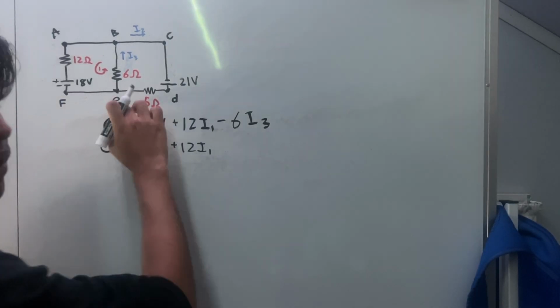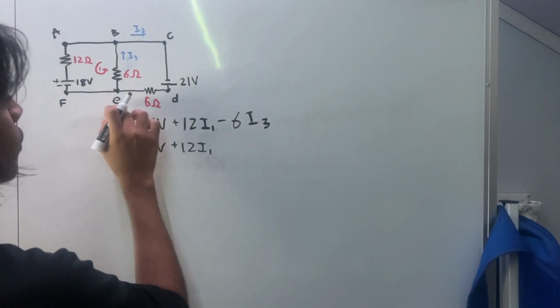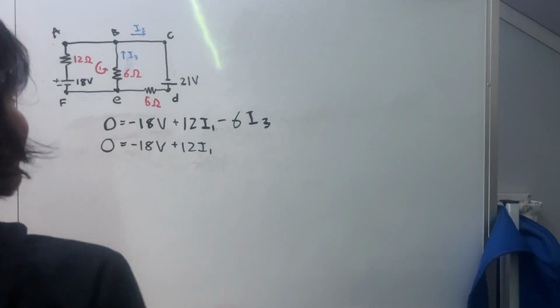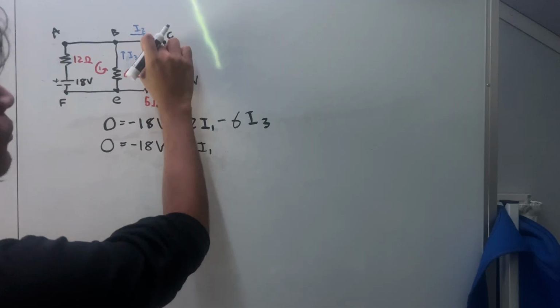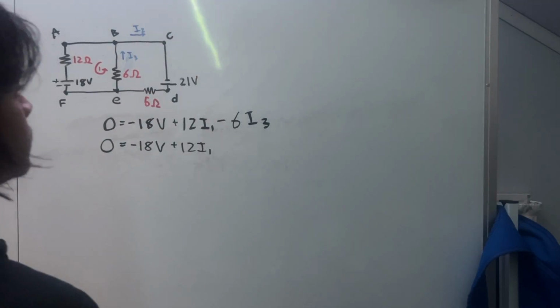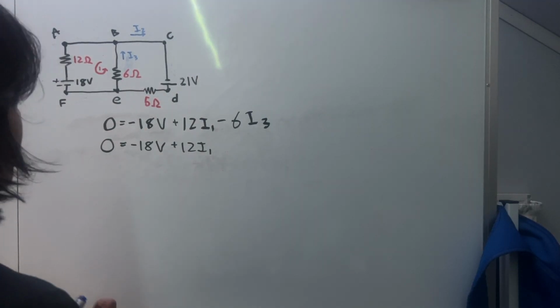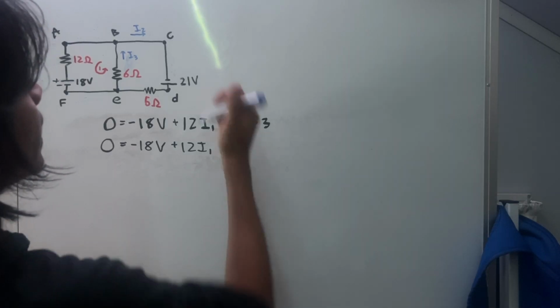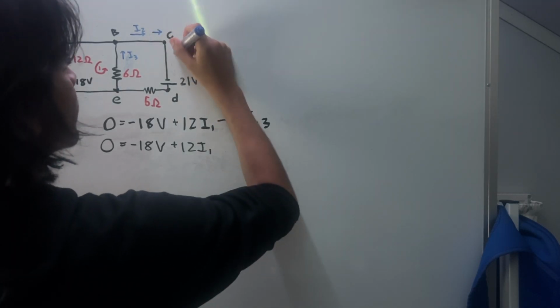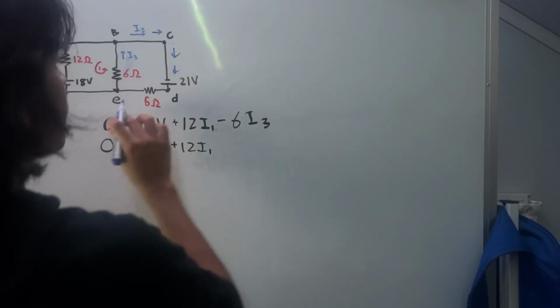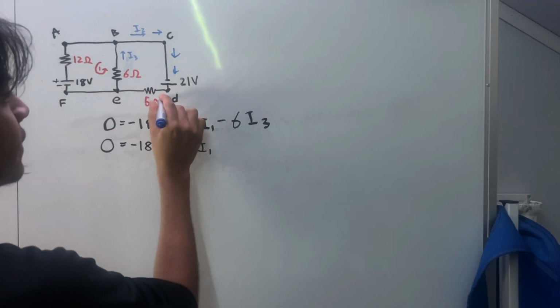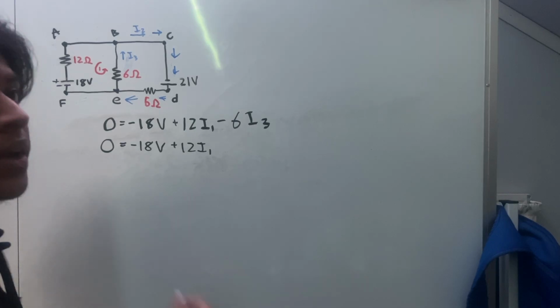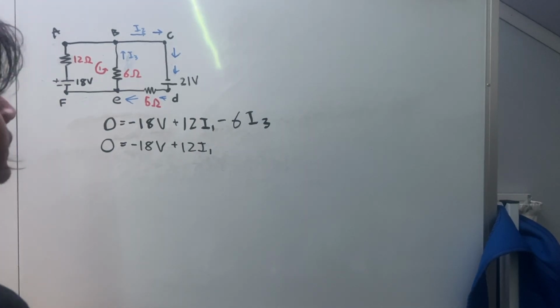Now we're going from E to D, and this time we have our current I2. We can draw out the direction in which the current is going. When we go from E to D, we would be opposing the current.